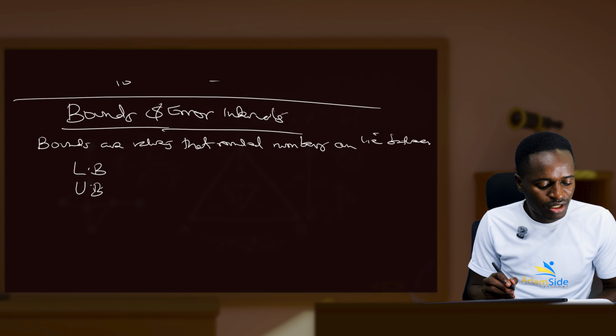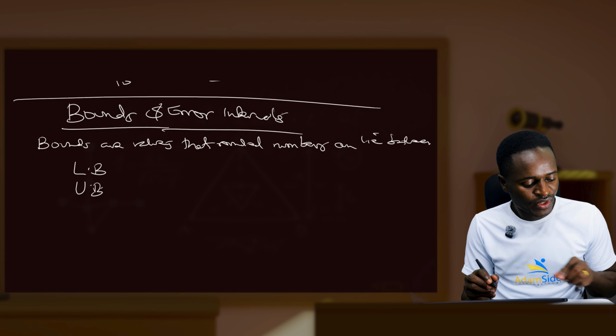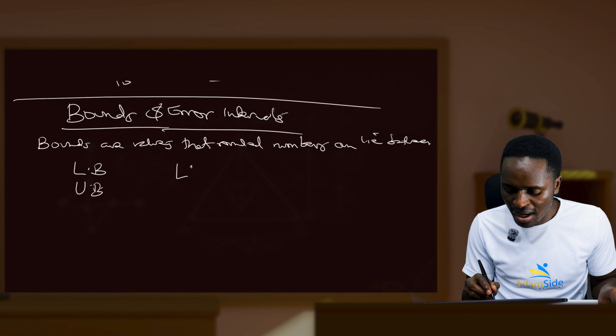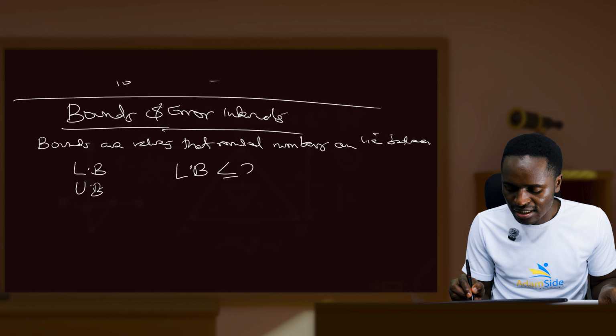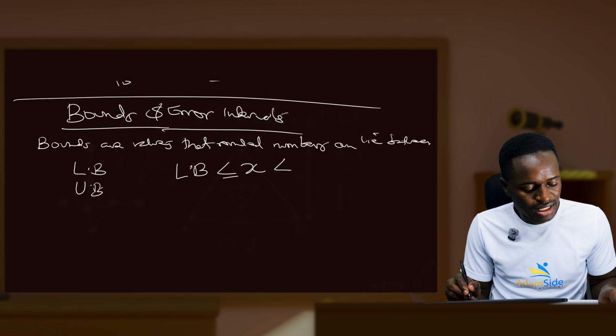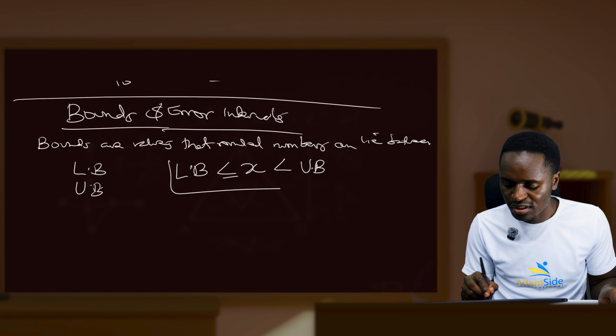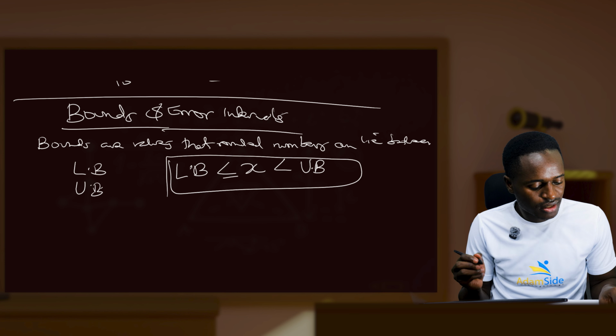Right, correct. So we say the lower bound is less than or equal to x, and x is less than the upper bound. Yes, this is what is being represented there.